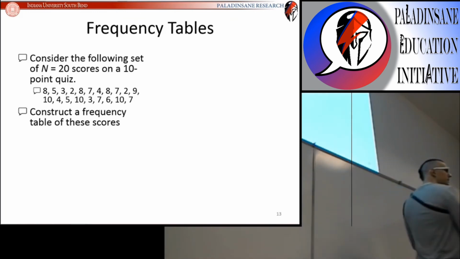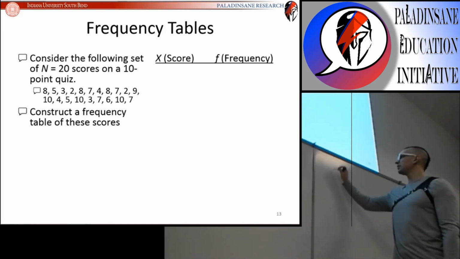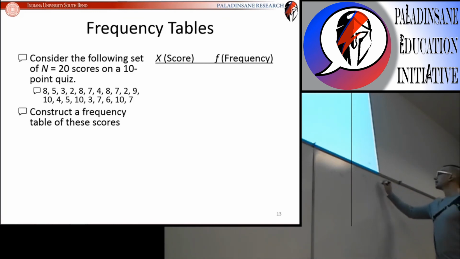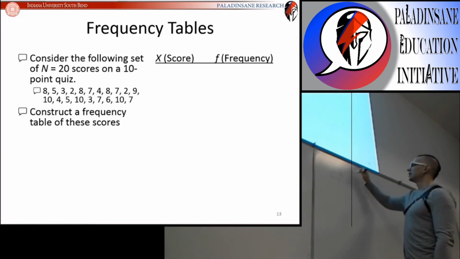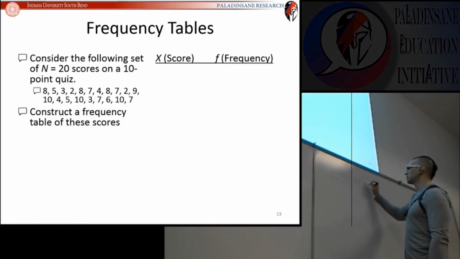So this is what the frequency table has as its headings. The first one has a capital X. That's apparently standing for the scores, but it does not stand for scores. I wrote it that way because that is the typical way that you're going to see it. But you're going to do yourselves a large favor: whenever you see a frequency table with that X, you're going to read that as the possible scores.